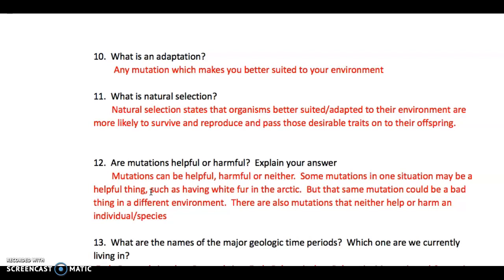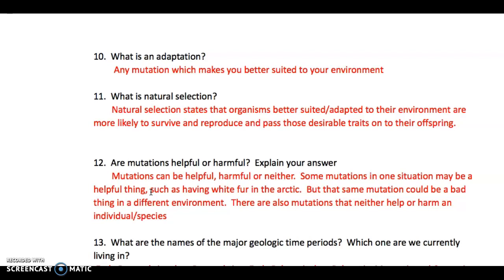Number 11, natural selection. Okay, so it is really important to me, and as I read through some of our dodo bird answers, I am concerned that some of you don't understand that natural selection is a process. It is something that happens because of mutations and because of the environment.